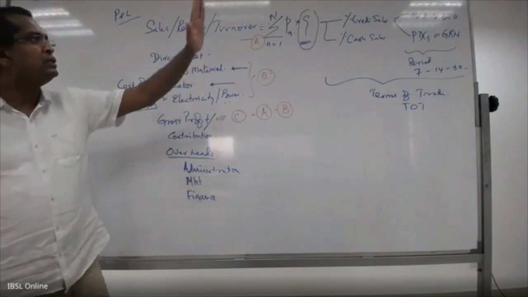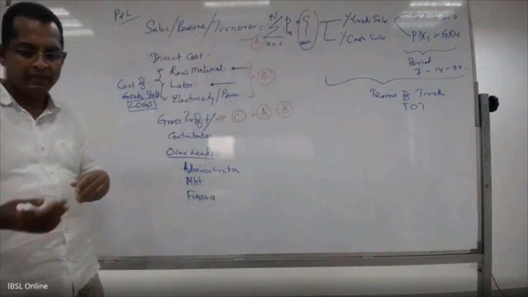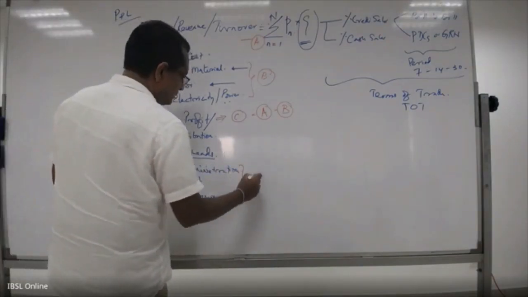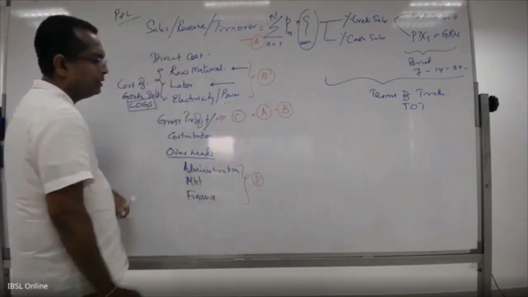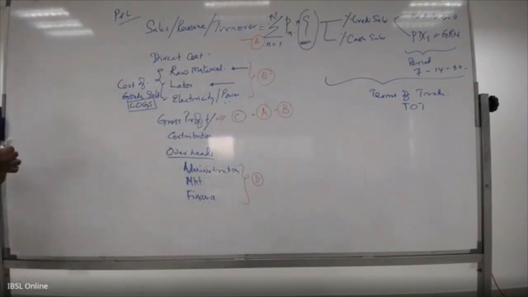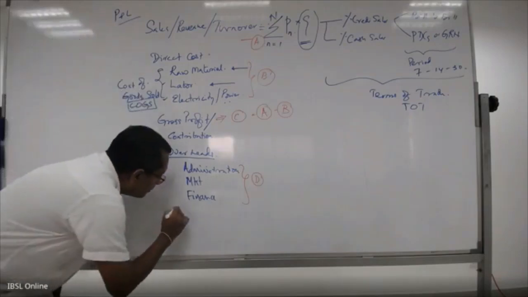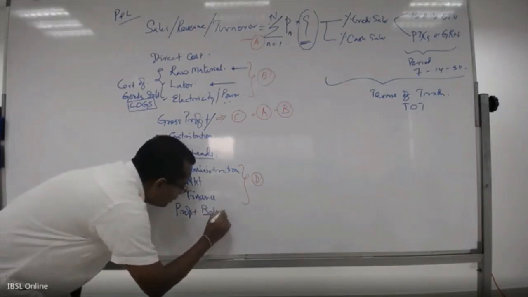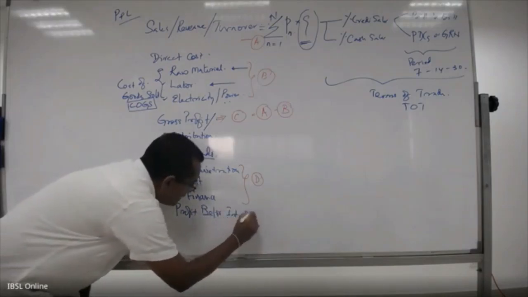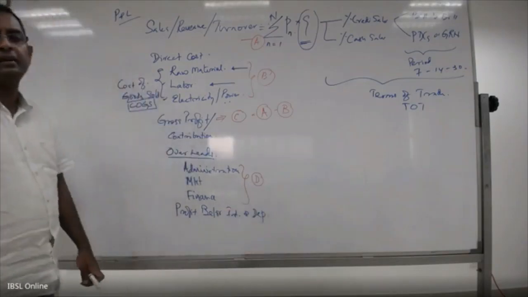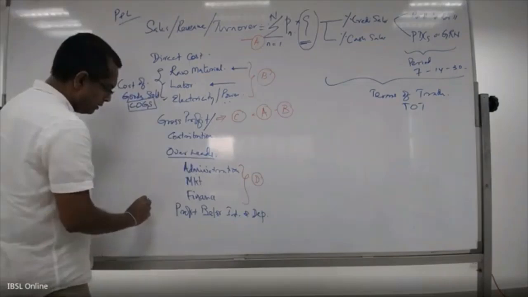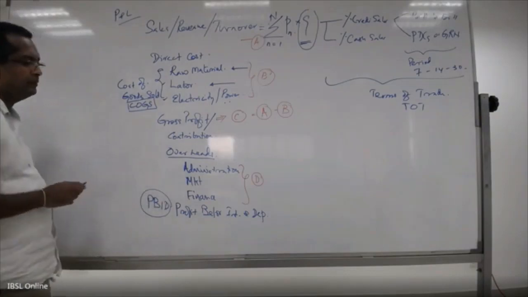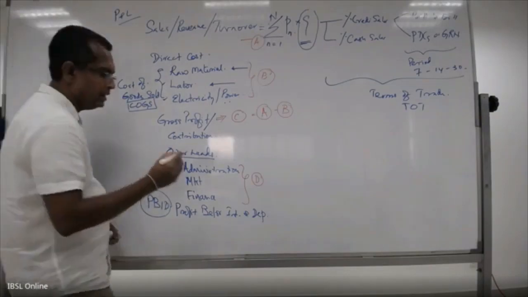It does not change with the quantity. So we denote overheads as D. Then we have another profit line called profit before interest and depreciation. We call it PBIT. D, which is E.